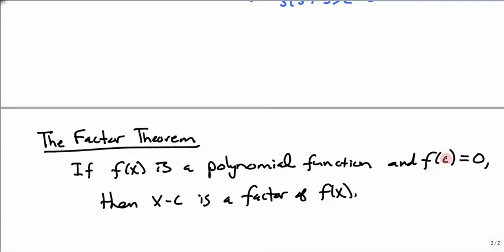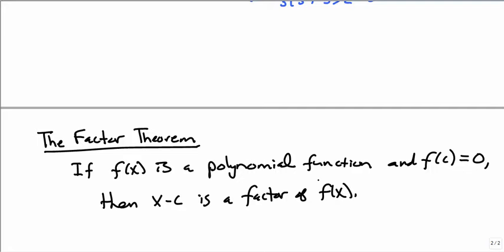So c would be my root, x minus c would be called the factor of that. And this is kind of the reverse of the zero factor property. We're used to saying, oh, x minus 2 is a factor, x minus 2 equals 0, that means x equals 2 is a root. So we're going to be using some of these ideas when we're talking about synthetic division and then asking to find the remainders as well.